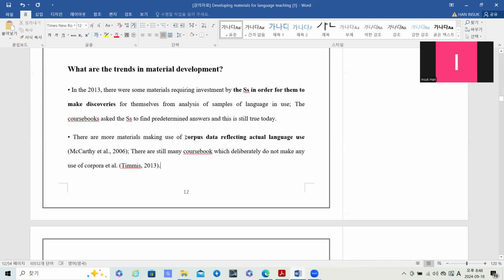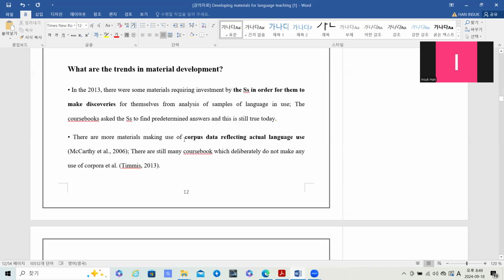Corpus or vocabulary or lexis are the foundation of teaching or learning a new language. So many researchers or teachers can collect new language use by searching through the internet. So searching the corpus sometimes reveals what native speakers use daily in their life.